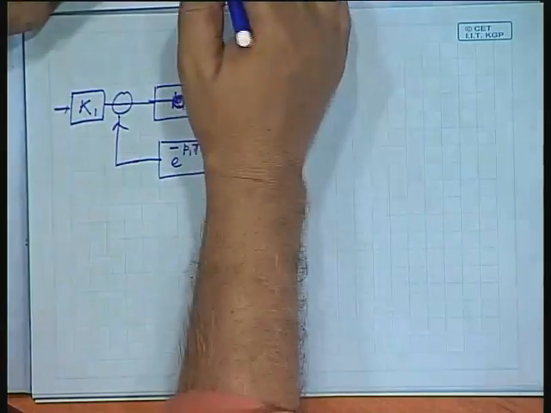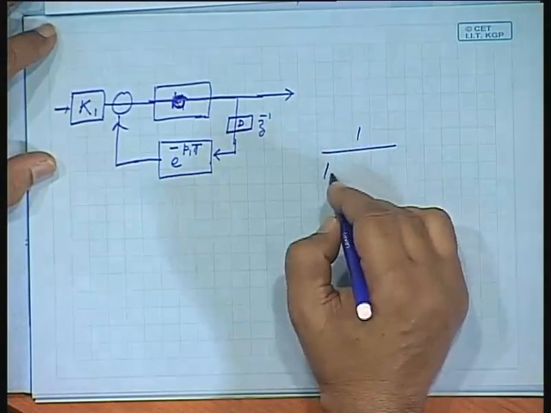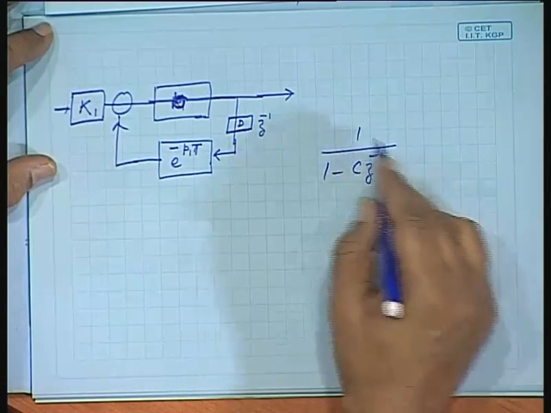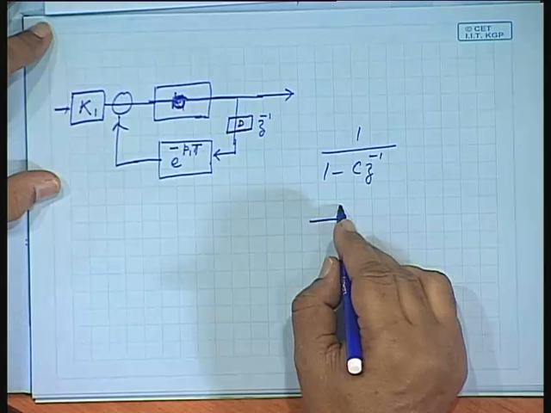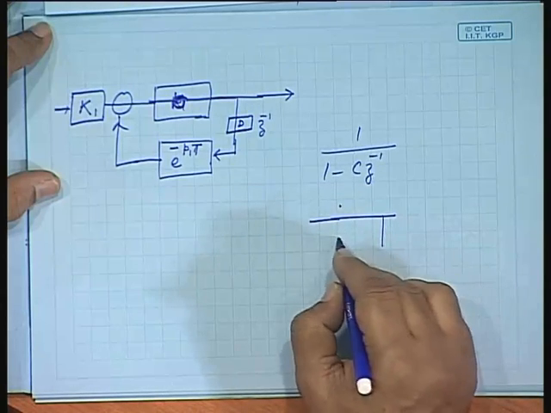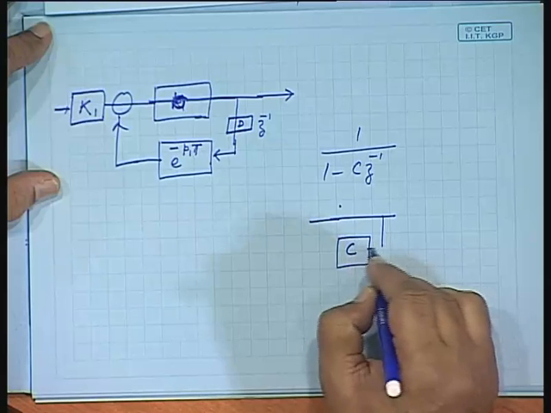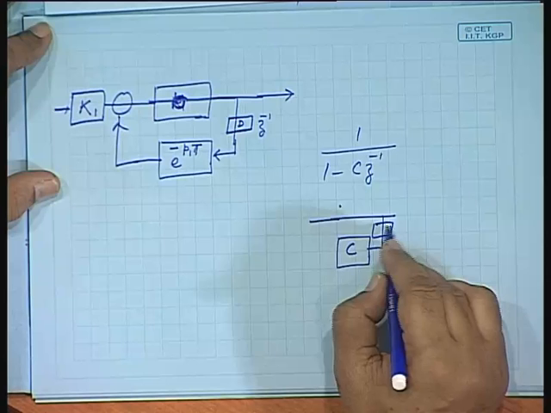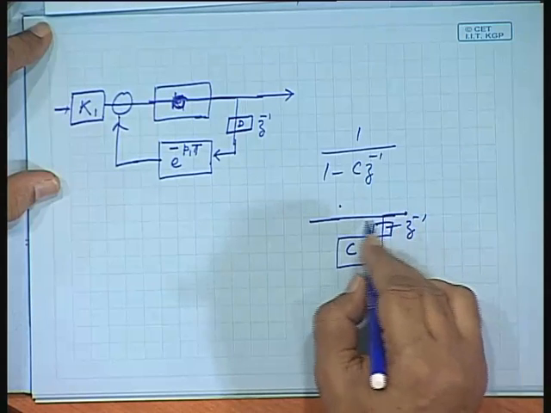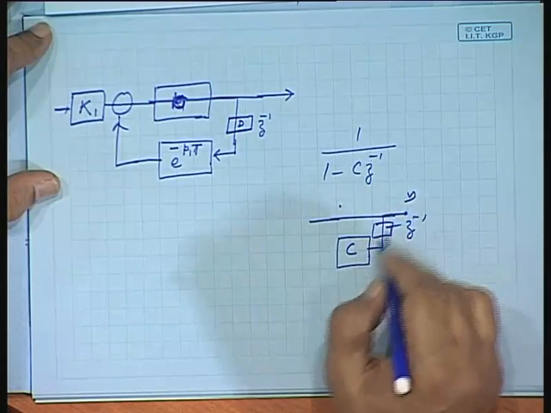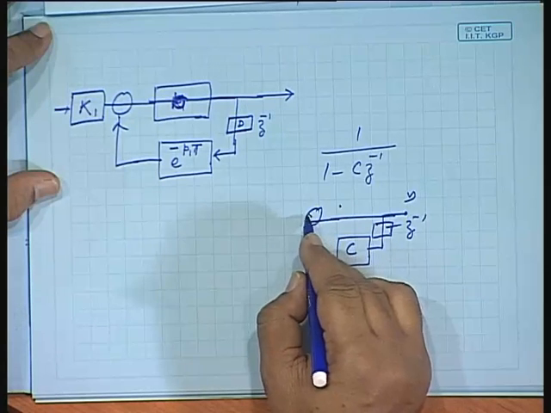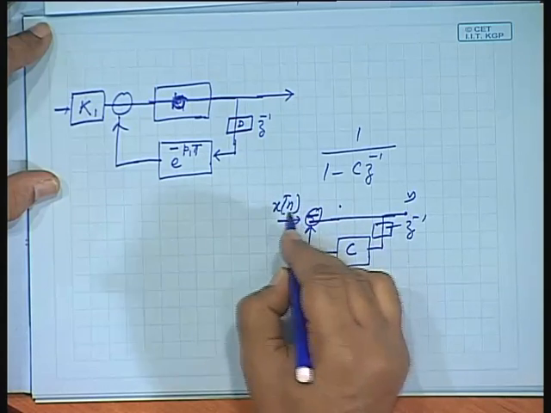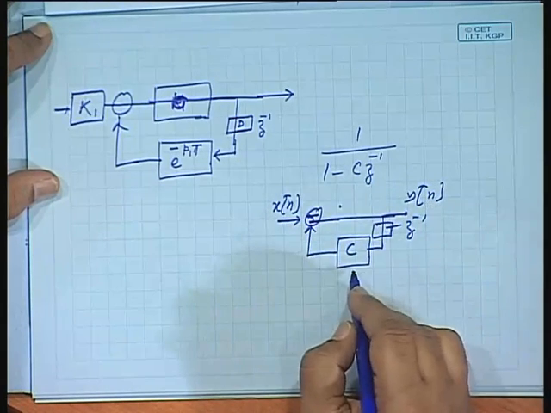Let us take, if it is 1 by 1 minus c z inverse, all right, what is the corresponding structure? c, I can put a z inverse here or here. So whatever is the output Y is added, okay, this is X and this is Y, all right.